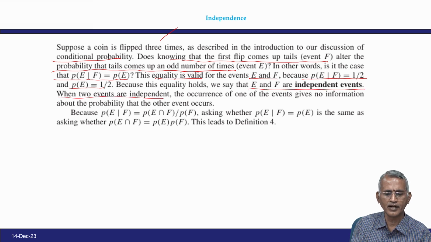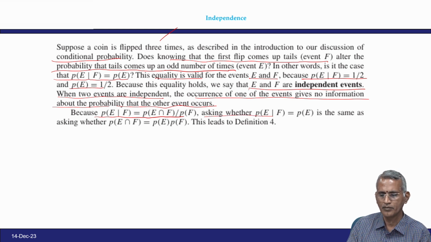When 2 events are independent, the occurrence of one event gives no information about the probability that the other event occurs, because probability of E given F is equal to probability of E intersection F divided by probability of F. So, asking whether probability of E given F equals probability of E is the same as asking whether probability of E intersection F equals probability of E times probability of F. So, this leads to the definition.